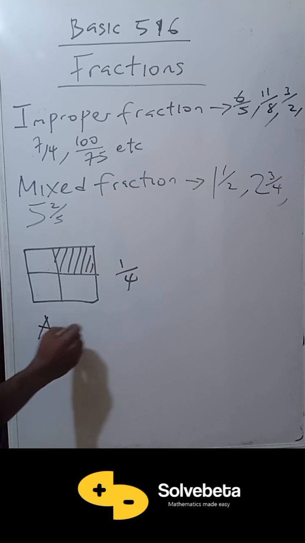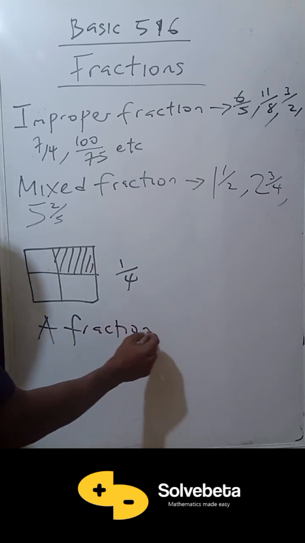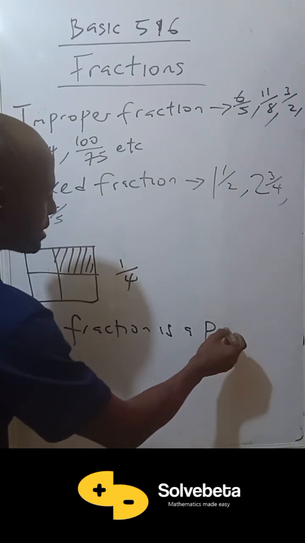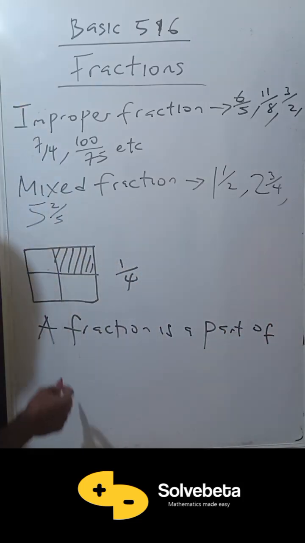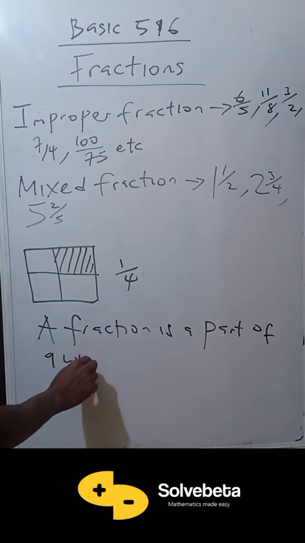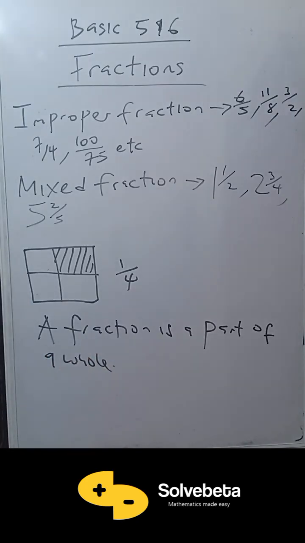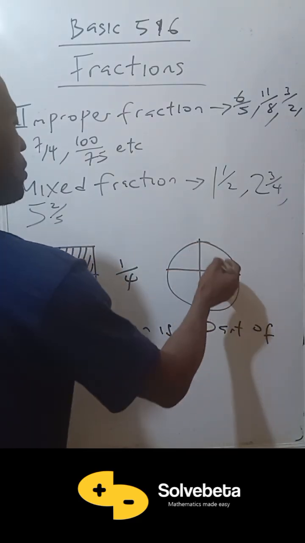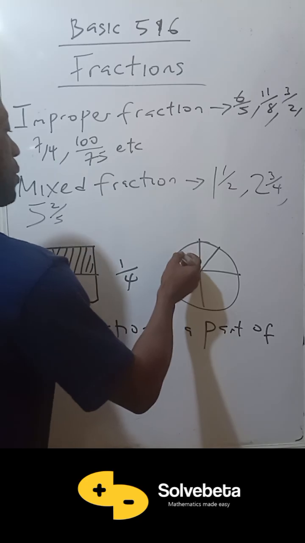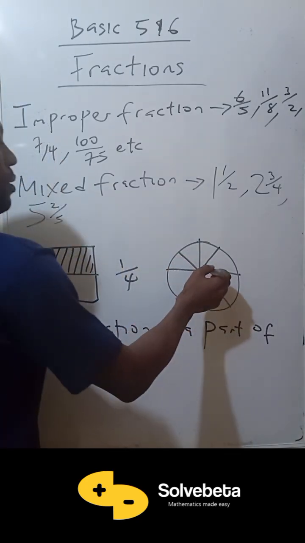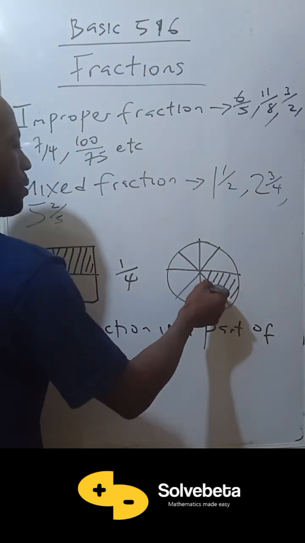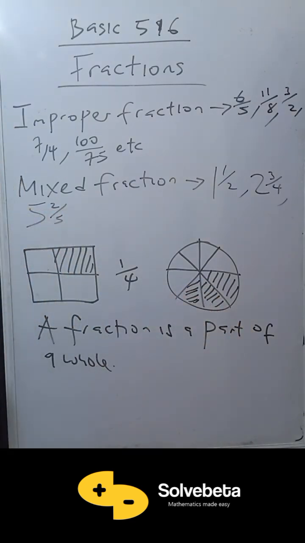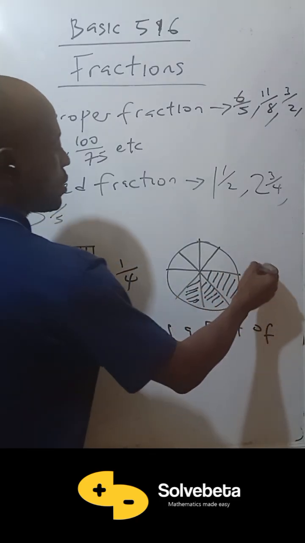If you have to define a fraction, a fraction is a part of a whole. So let's say I have this now. The shaded part will be 1, 2, 3.